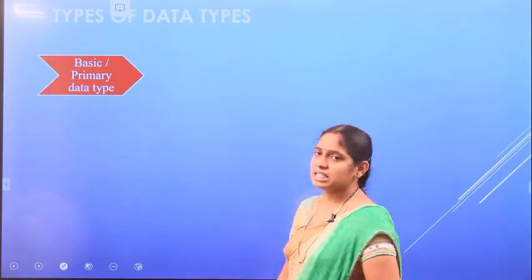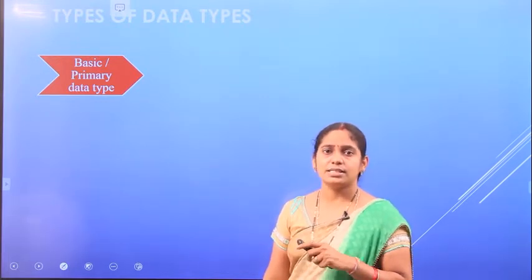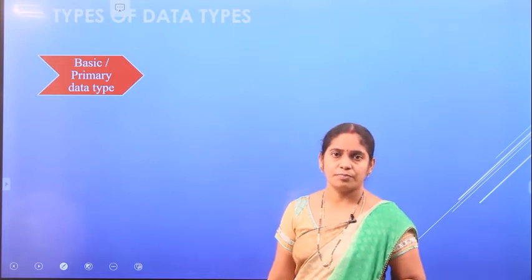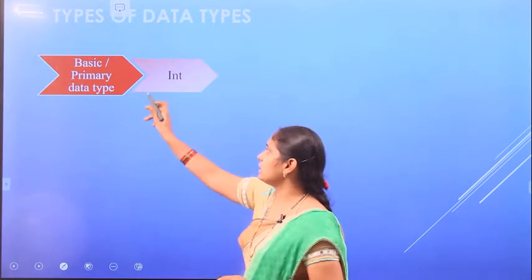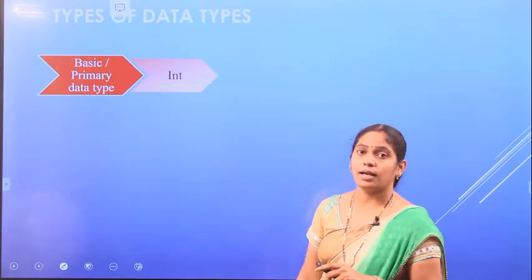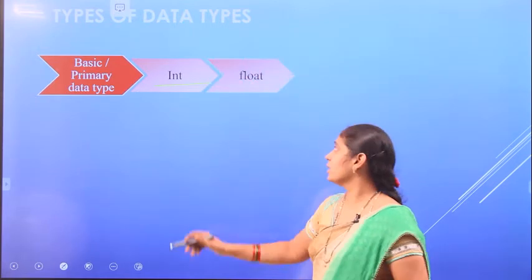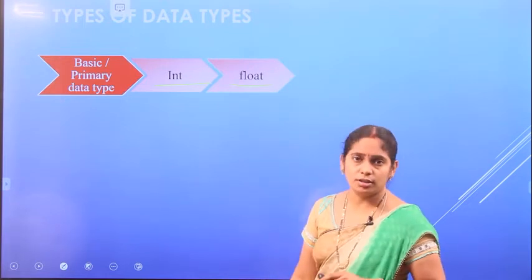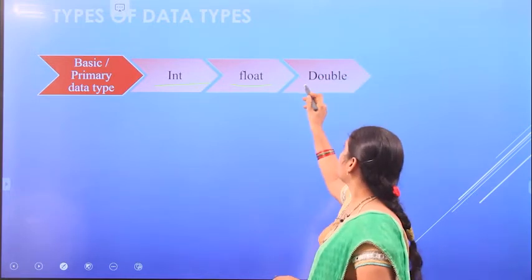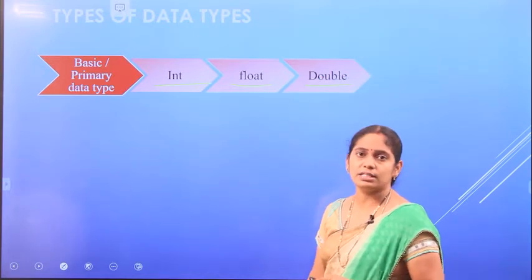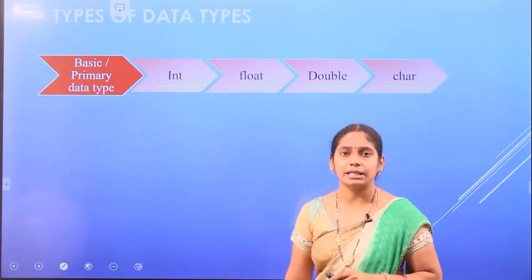Coming to the basic data type. Basic or primary data type is having so many other forms. Now see the types of basic data types. The first is nothing but the int, nothing but integer, float for decimal point, double is also for decimal point, and then char means character.